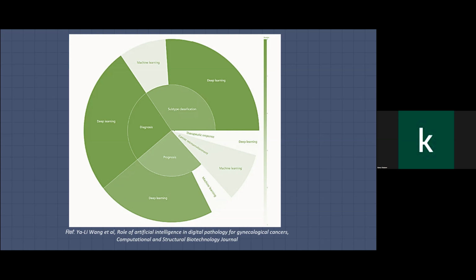Most of the usage was in diagnosis, subtype classification, and prognosis, so we have fewer studies that use deep learning or machine learning in cancer microenvironments or therapeutic responses. So there is a space that can be filled by future researchers if there are more researchers who do studies on these topics. So can we go to the next slide, please?